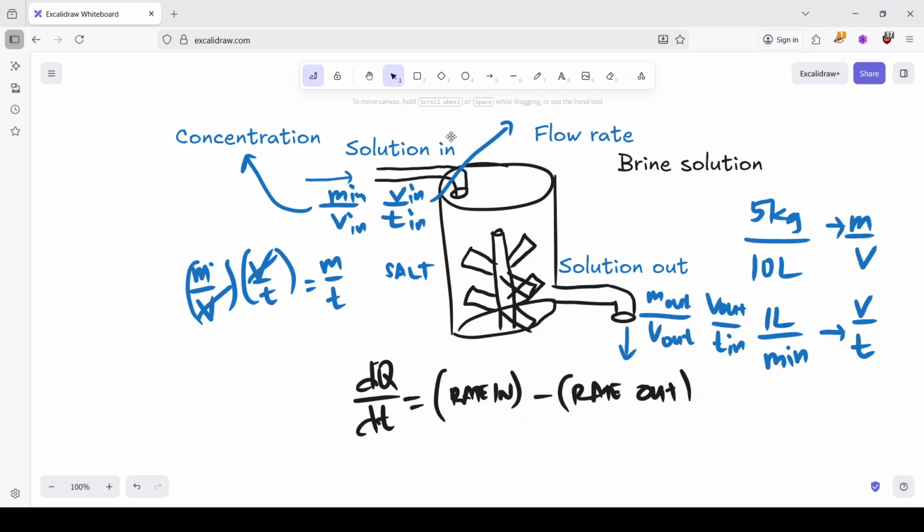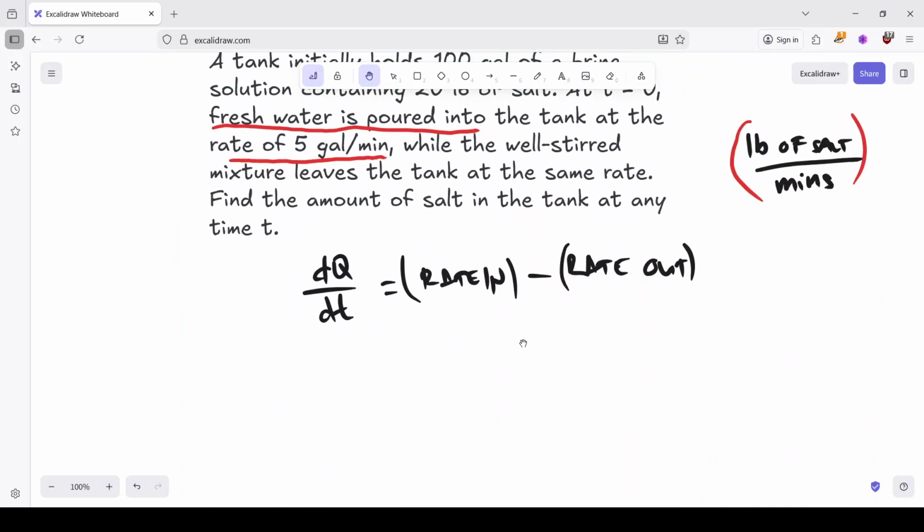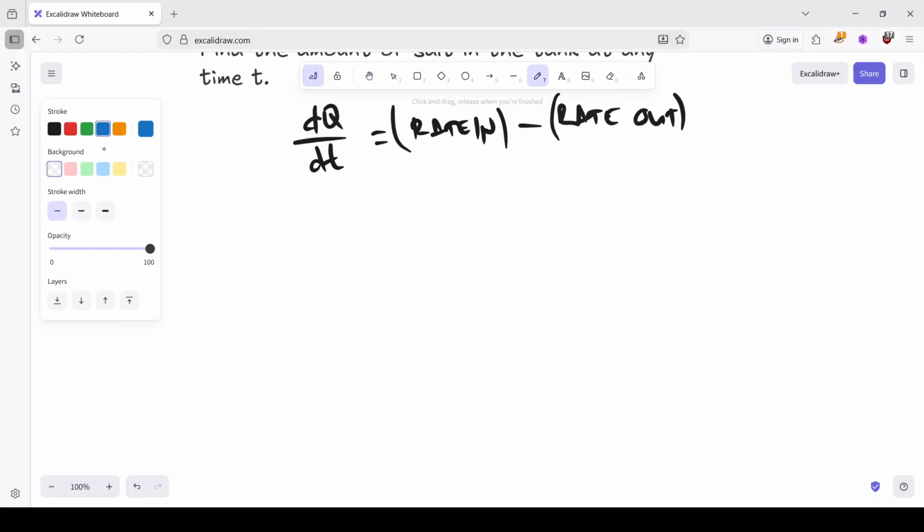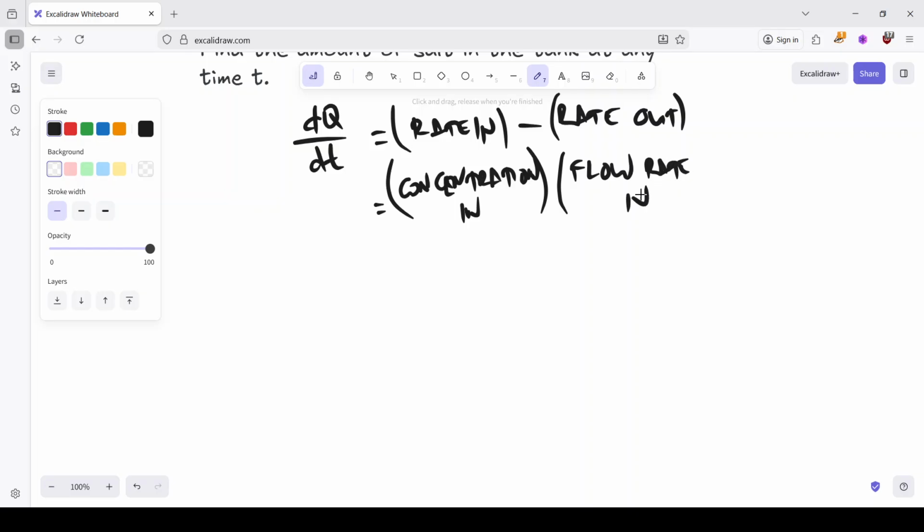In other words, our rate in is concentration in times flow rate in, minus concentration out times flow rate out.